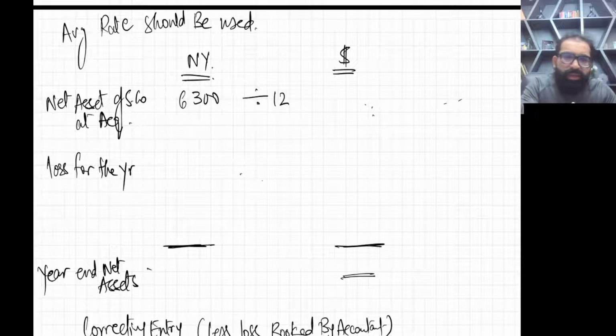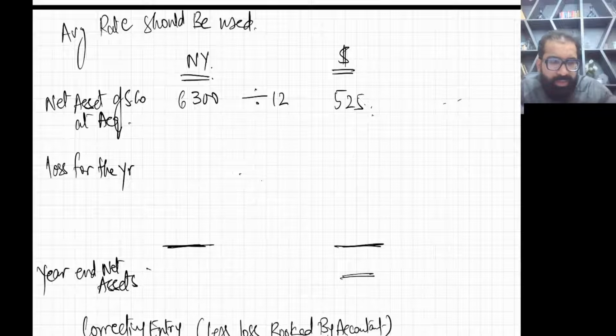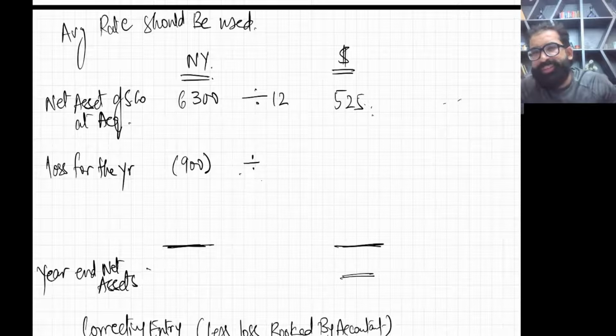As these were at acquisition, the acquisition date rate was 12. So 6,300 divided by 12 is 525. Now the next thing: loss for the year was 900, and we should use the average rate for the loss, not the closing rate.